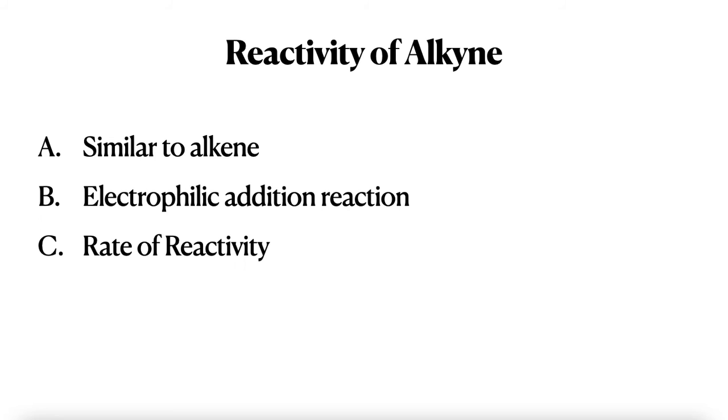So the triply bonded compound has more s character. That's why the pi electrons of the triple bond are more firmly held by the carbon nuclei than the pi electrons of the carbon-carbon double bond. So they are less accessible for electrophiles in alkyne.